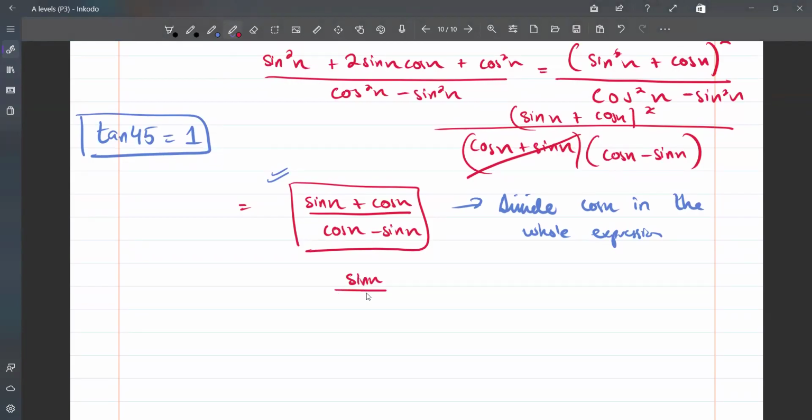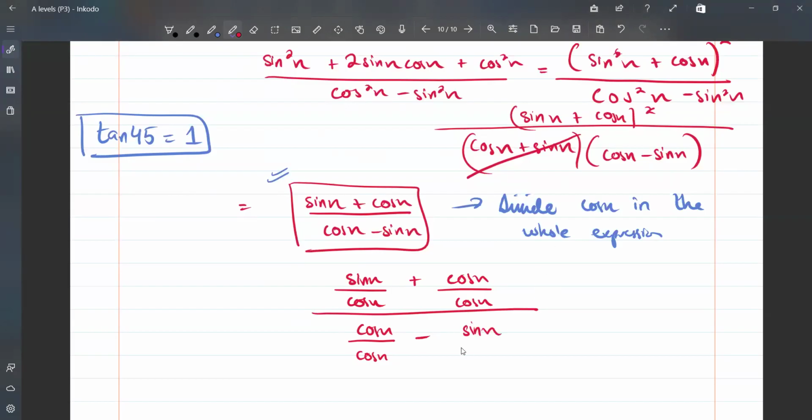Sine x upon cos x plus cos x upon cos x, the whole thing divided by cos x. In the denominator, we're going to do the same thing, because whatever is introduced in the numerator, the same thing is introduced in the denominator to offset the effect of introduction.